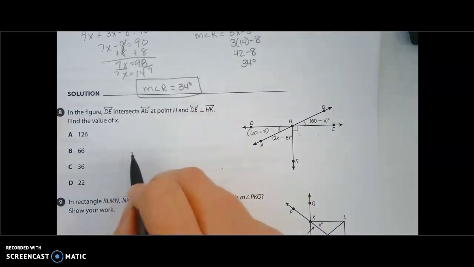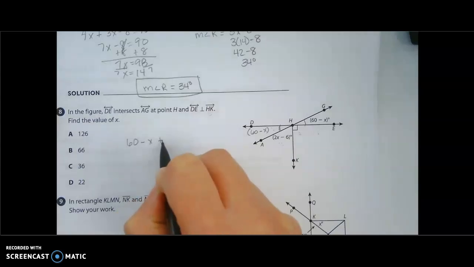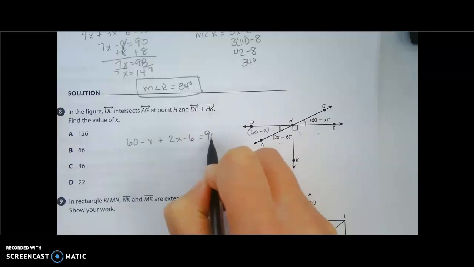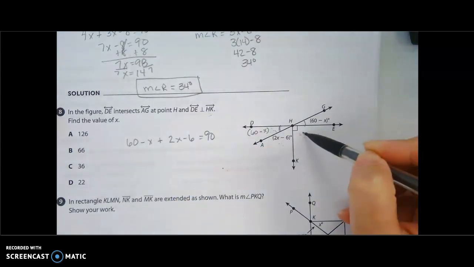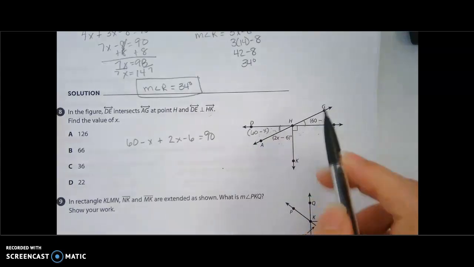So from here, in order to find x, I'm going to take 60 minus x, and I'm going to add 2x minus 6. That is going to equal 90 degrees. Again, these two angles create a 90-degree angle. I know this one's 60 minus x because it is vertical to that one.